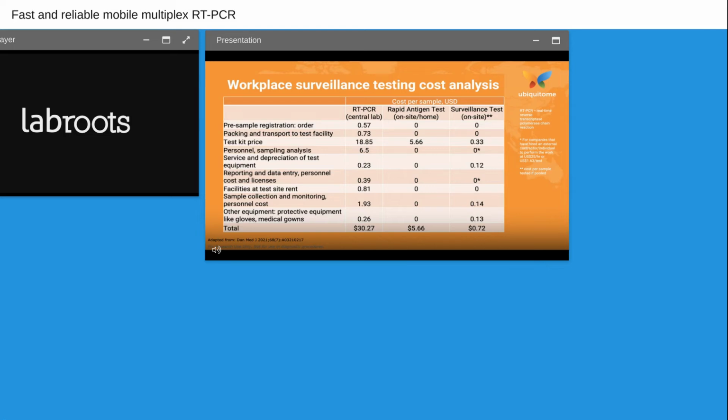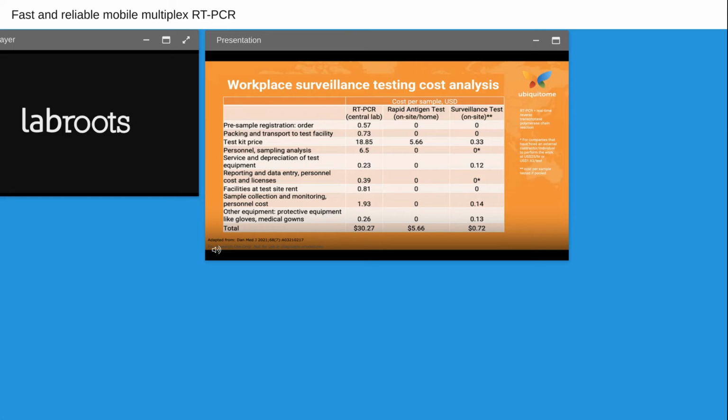In the middle, we have rapid antigen testing. So this can be done on site, at work or at home. That comes to approximately an estimated price of $5.66 USD. But to the far right-hand side, that's where the big difference comes into play, where for example, if surveillance testing was implemented and you were allowed to do on-site surveillance testing, it would only cost, in the neighborhood of 72 cents US, which is the cost per sample.